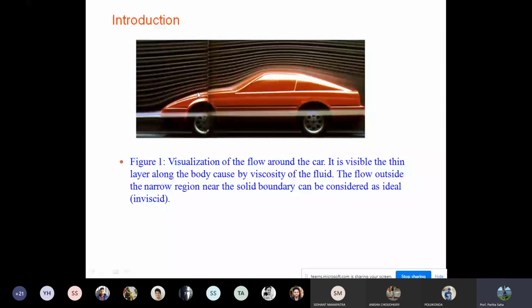So you can see this fluid pattern actually takes the shape of the car, and this is where the maximum viscosity variation occurs as we move from the car body to far away.